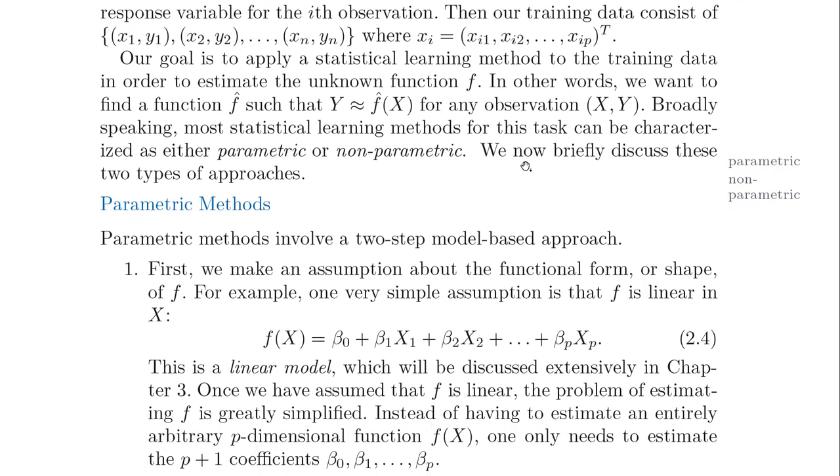Then our training data consists of (x1, y1), (x2, y2), but x1 is a vector, until our very last observation, (xn, yn). And we're being told over here, every x over here is a vector.